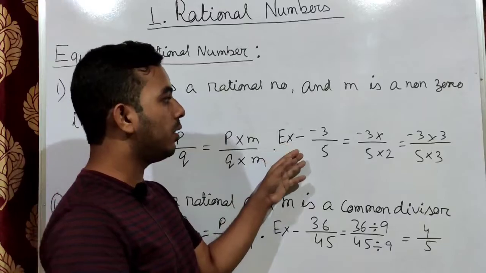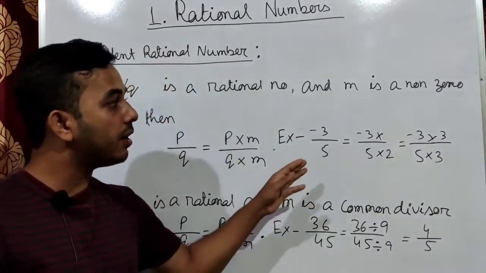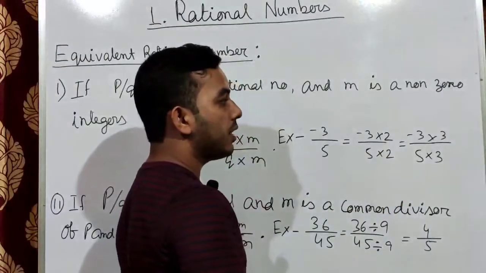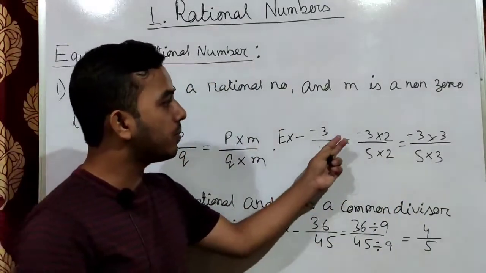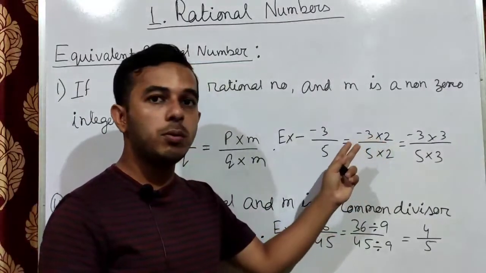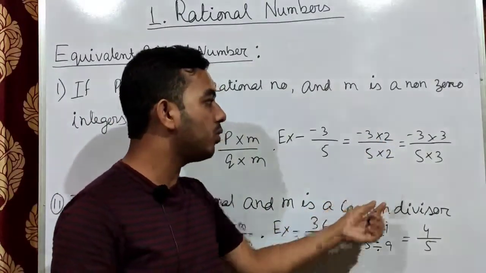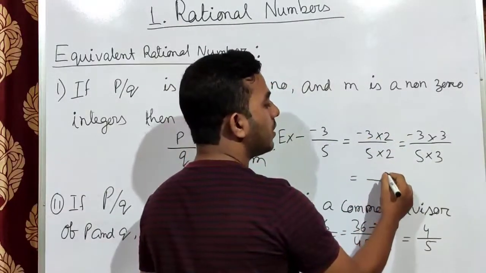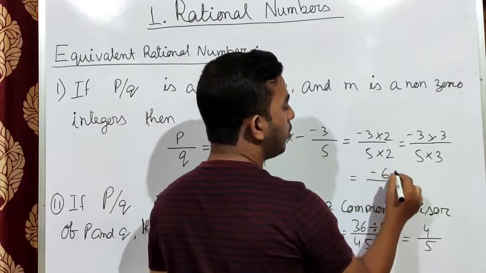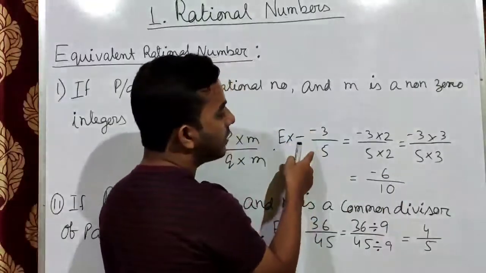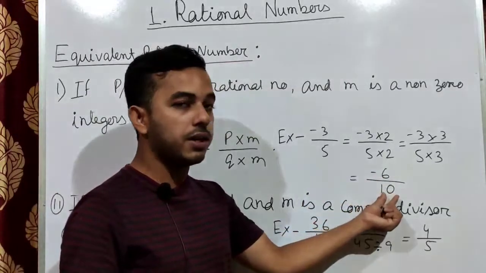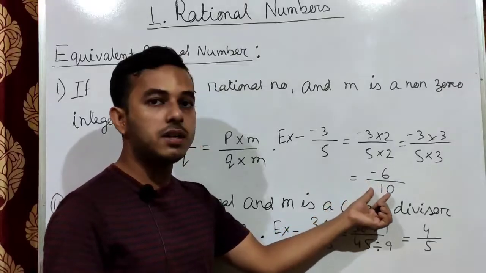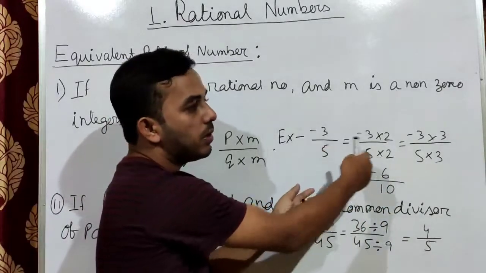For example, we take minus 3 by 5. Here if we multiply minus 3 by 5 with 2, a non-zero integer, right? Its value will remain same, because minus 3 into 2 will be what? Minus 6, and 5 into 2 is 10. That means minus 3 by 5 equals minus 6 by 10. Its value will remain same, but they are represented differently.